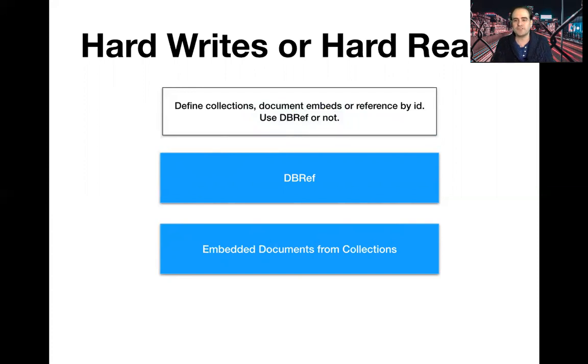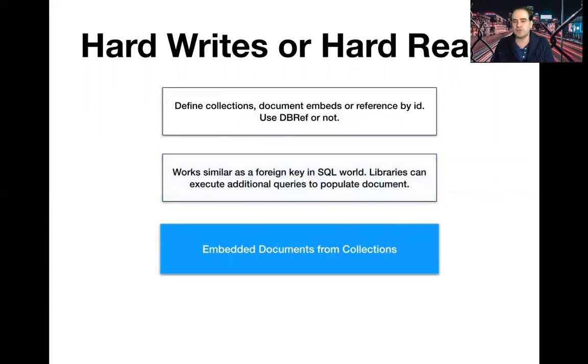Then after that collection is defined, you need to think about whether you're gonna have some predefined document structure, whether you're gonna use dbref or not. So what's the dbref? It's like a foreign key in a SQL universe. So it's having some background, some overhead in the database, in the MongoDB.